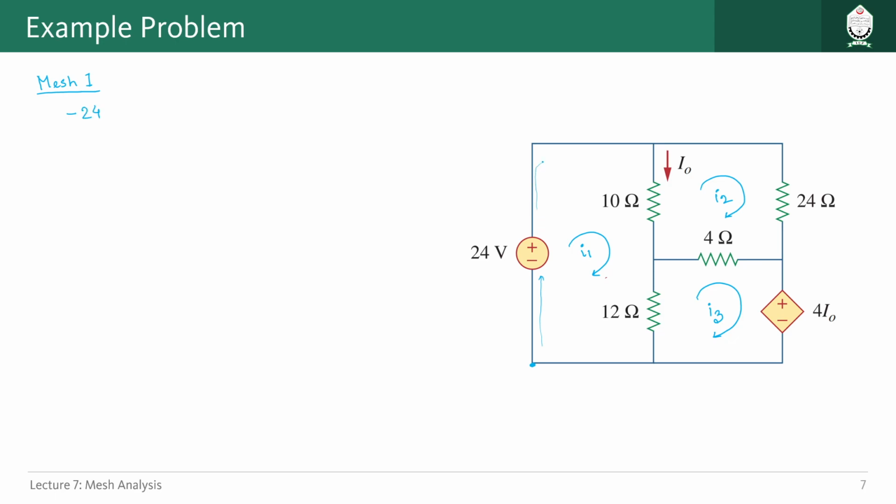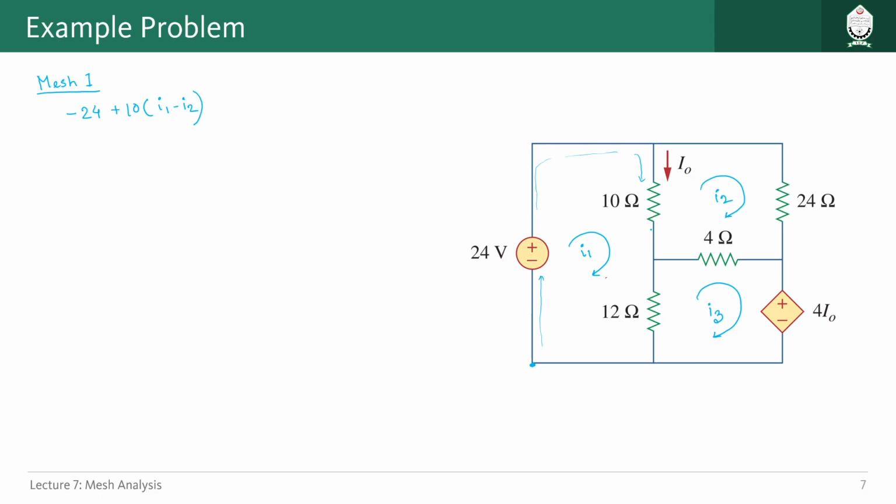Then again we will go in this direction. Now here, you see, through this resistor we have I1 current in the same direction as our KVL, but I2 current in the opposite direction of our KVL. So it should be something like this: 10 (I1 minus I2).